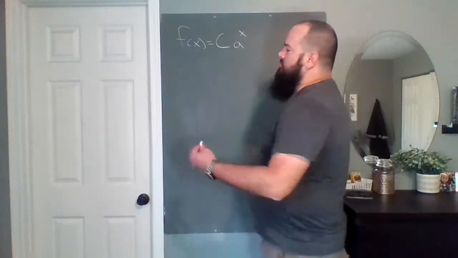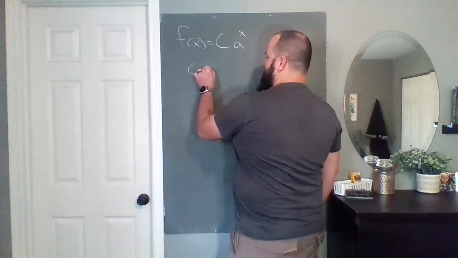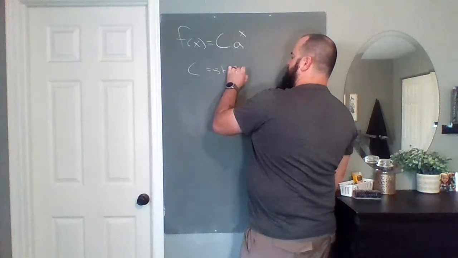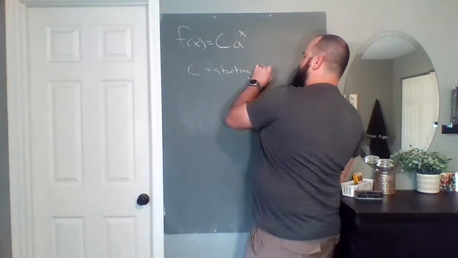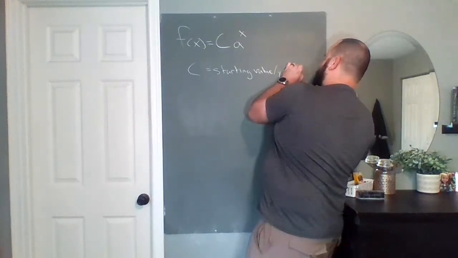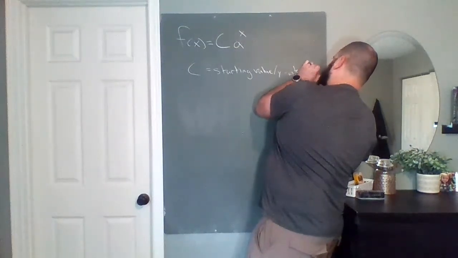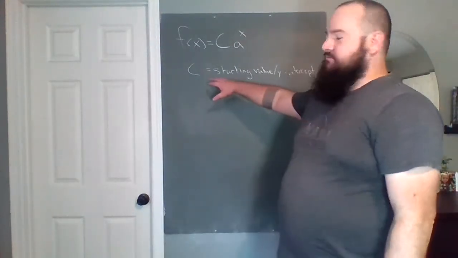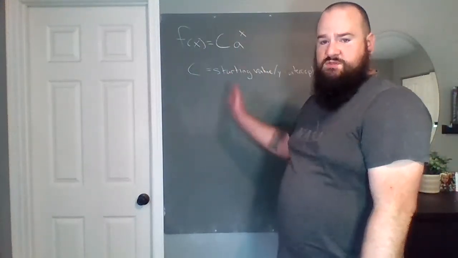So, what's really important here is to recognize that c is the starting value, or similarly our y-intercept. So this is the point at which our function crosses the y-axis.